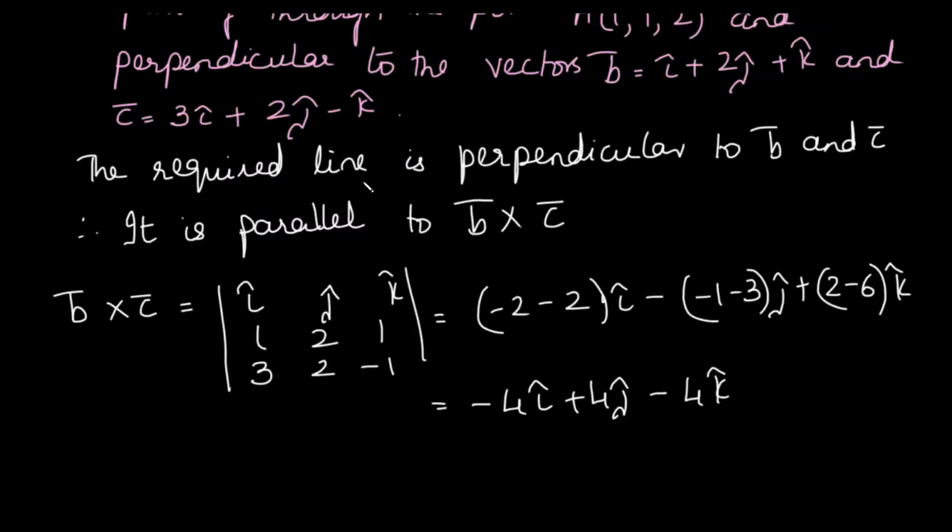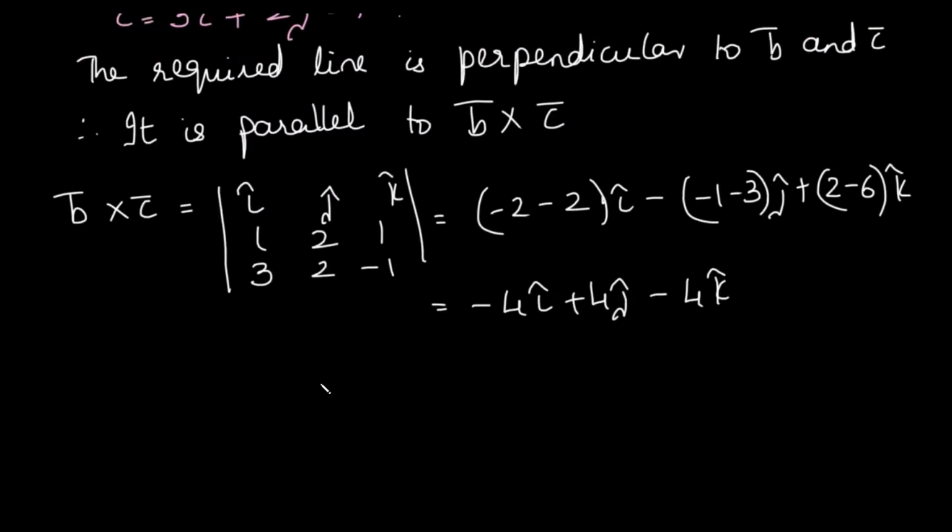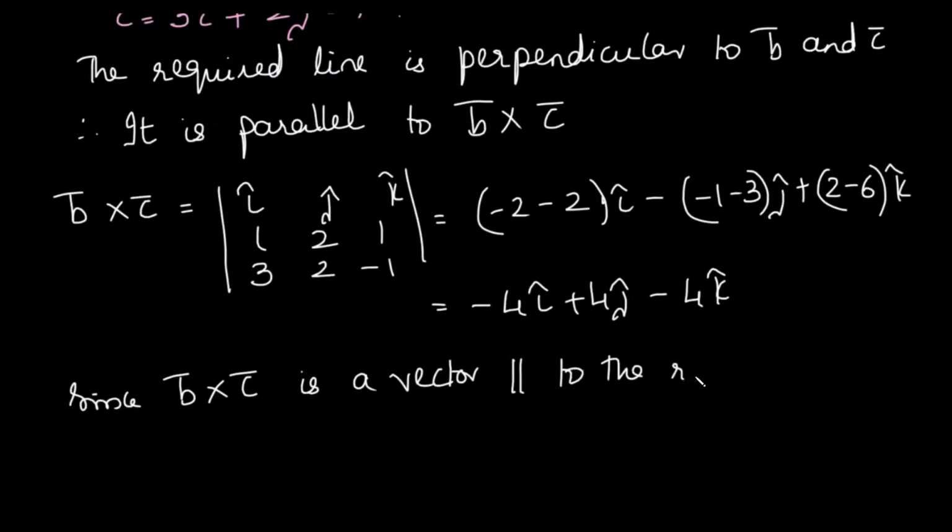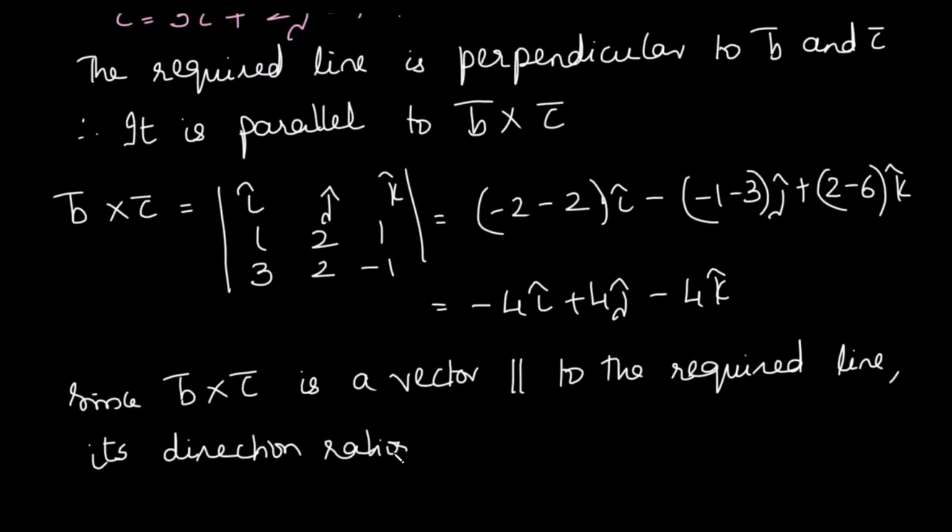B cross C is a vector parallel to the required line. So the direction ratios of the required line: how do we find the direction ratios of a line parallel to a given vector?